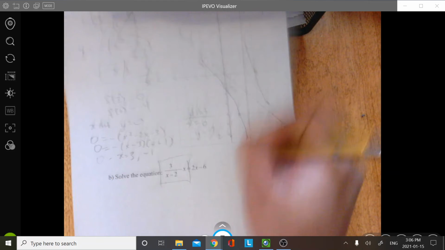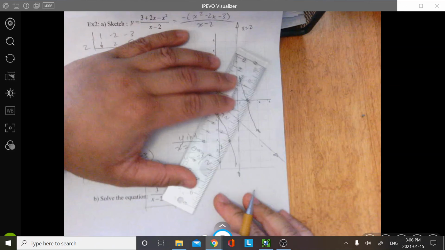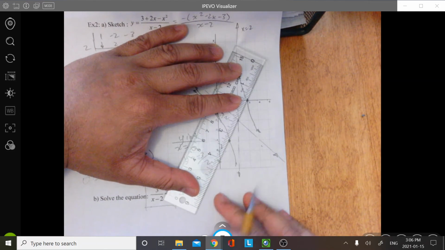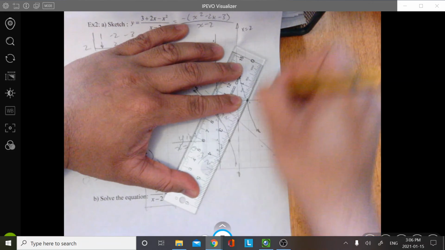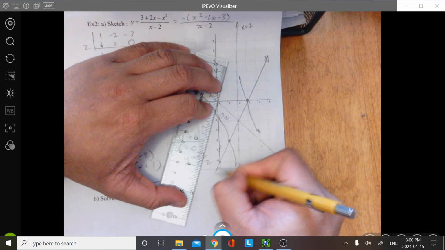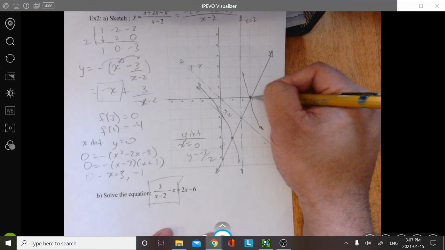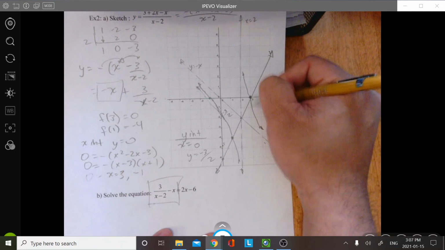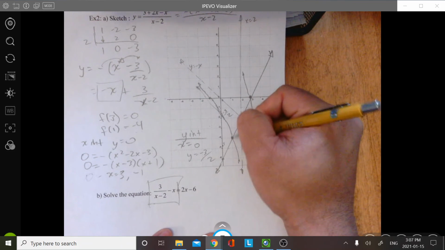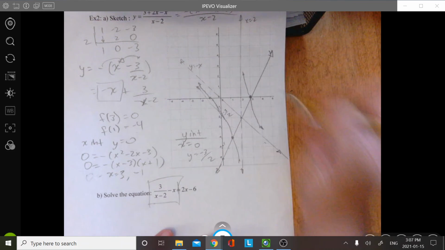So it exactly intersects our graph at those 2 points. If we could just read it, it's going to intersect at 3 and it intersects at positive 1.